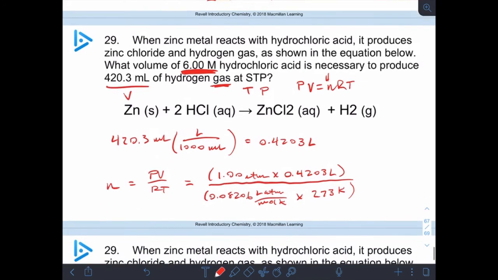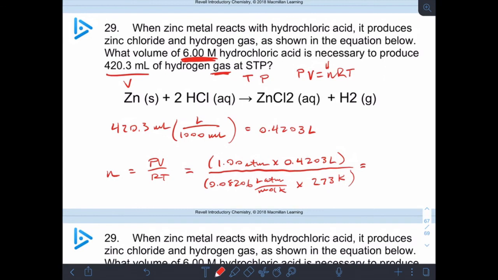So we should get 0.01863 moles of H2 gas.